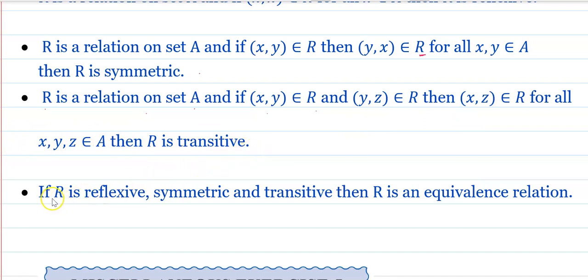If relation R is reflexive, symmetric, and transitive, then R is called an equivalence relation.